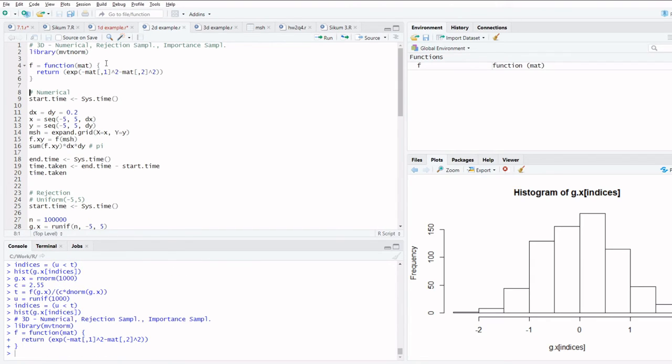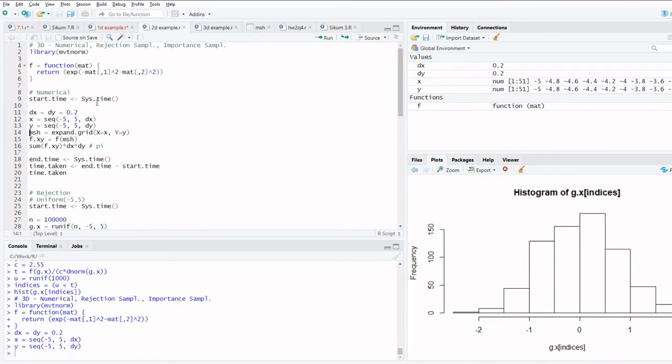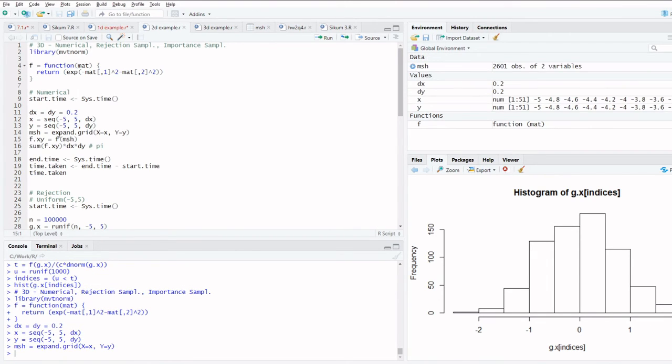We have a function, and this time the function has 2 variables. It's e to the power of minus x squared minus y squared. And this time we need the intervals to be both on the x-axis and the y-axis. And we need to create a grid of values for the x and y. And this function over here helps us to create this grid. And for each value in this grid, we calculate the value of the function.